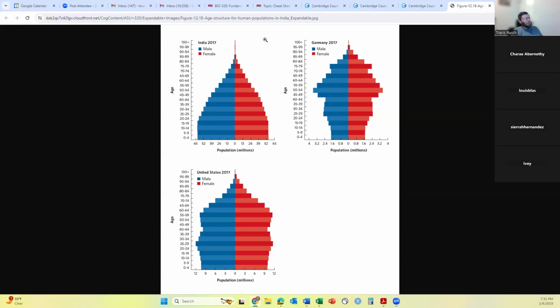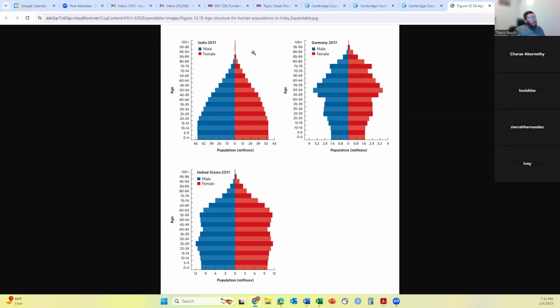How would we describe the evidence? Towards the bottom, as you go down, you have larger increases in the younger population. So as time goes on, that younger population will move up, if that makes sense.